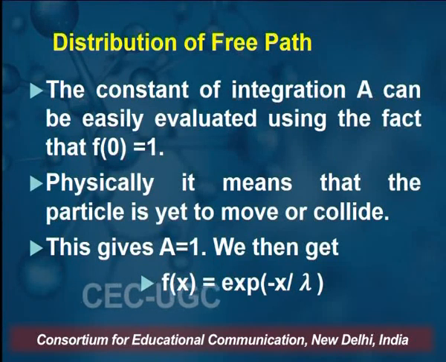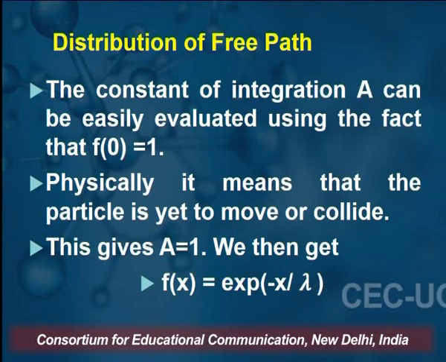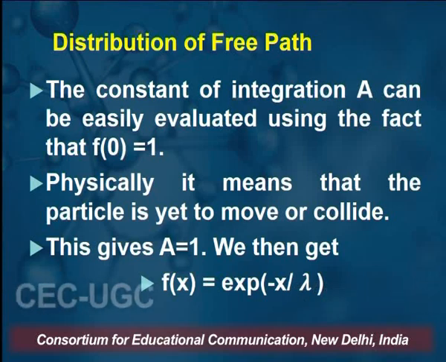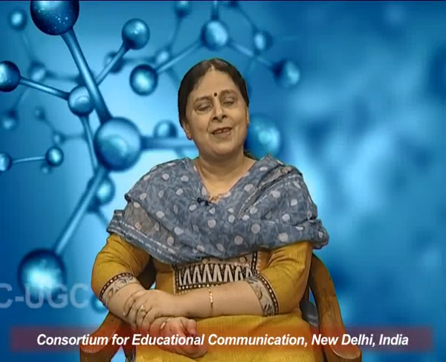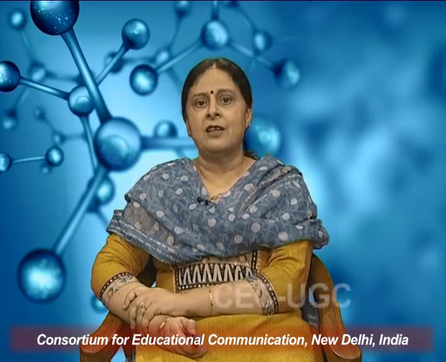We can find out the value of A by using the fact that f(0) is equal to 1, and we say A is equal to 1. So, we get f(x) is equal to exponential minus x by lambda. This is the law of distribution of free paths, and it suggests that the probability of a molecule travelling a very large distance without making a collision will be vanishingly small.